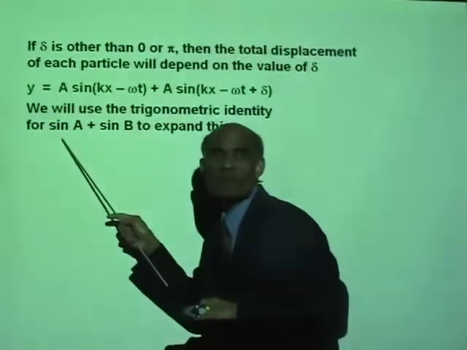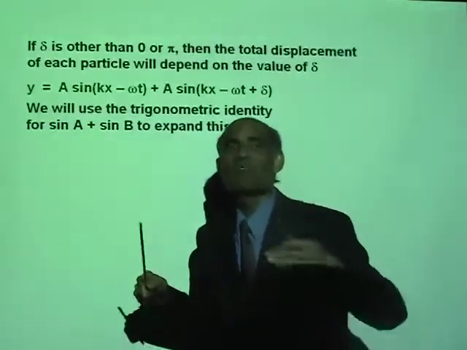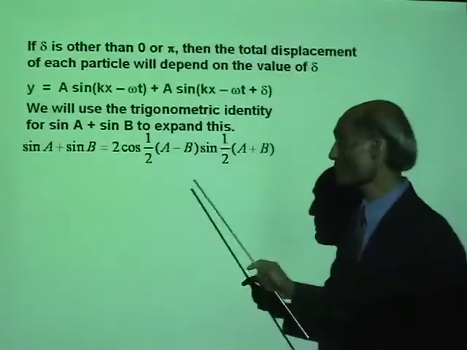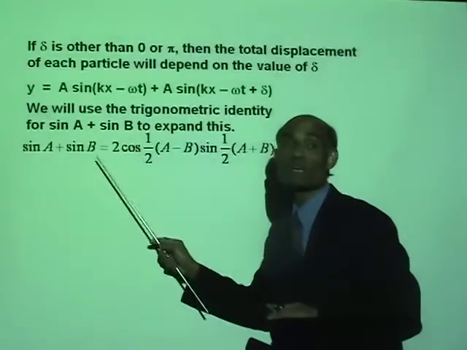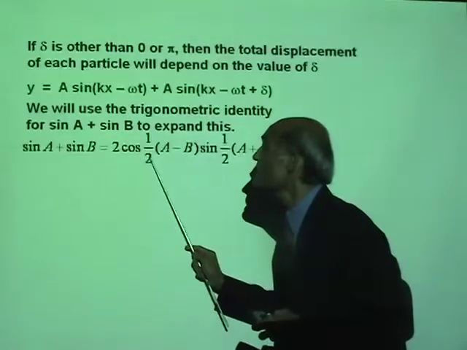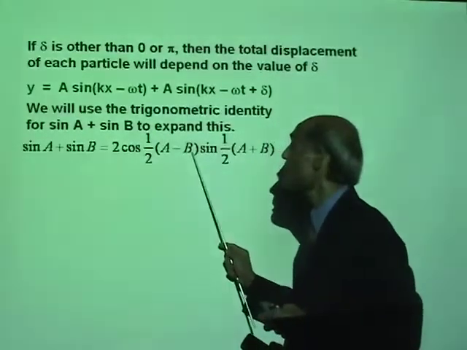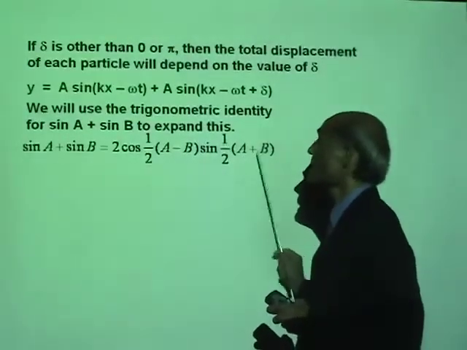Now, does anybody remember that trigonometric identity for sin A plus sin B? Well, this is that identity. Sin A plus sin B is 2 cos(1/2 times (A minus B)) times sin(1/2 times (A plus B)).